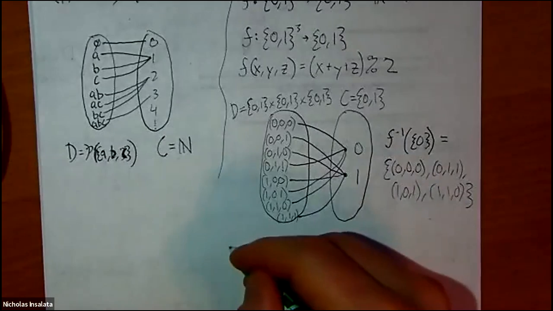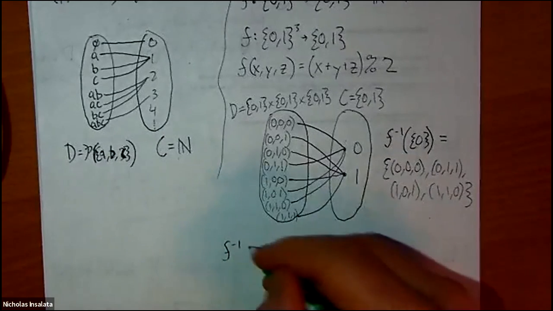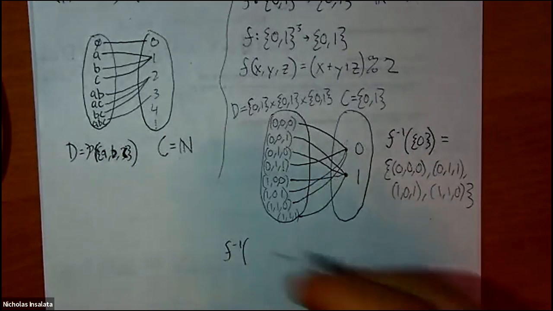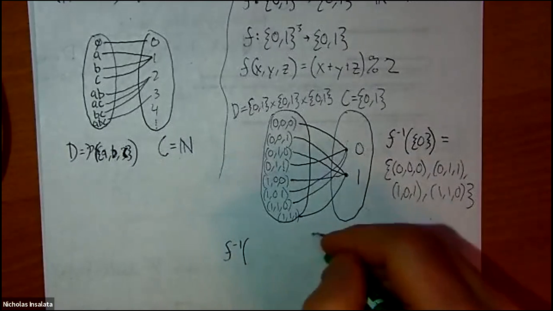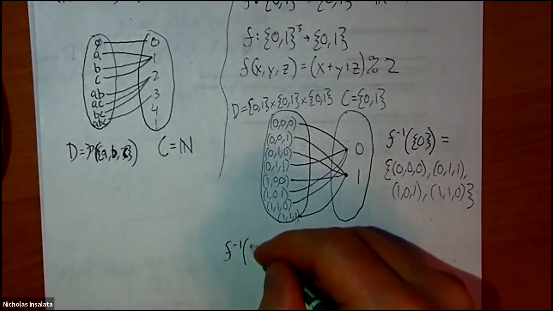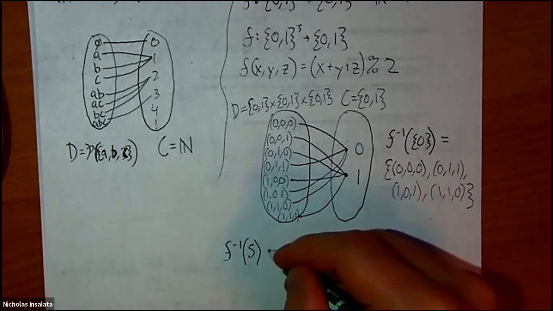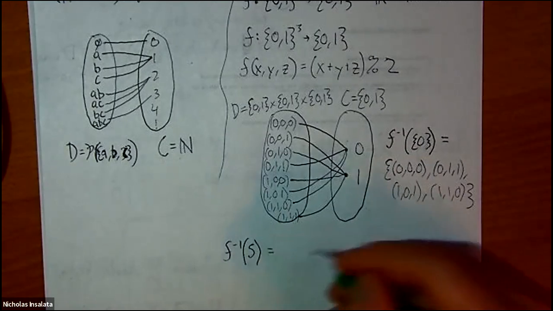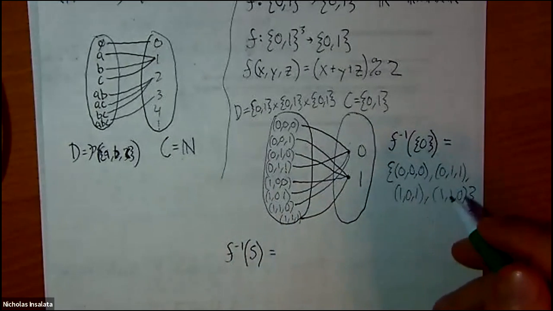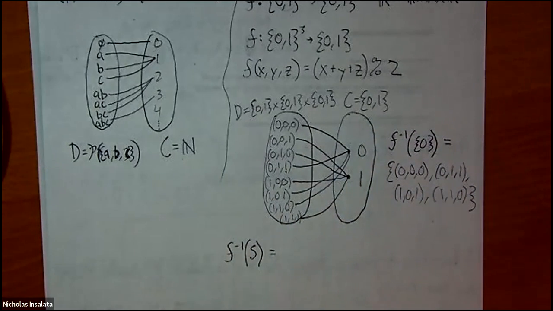What would be the formal definition of this? Well, the inverse image or pre-image of some set in the codomain. So maybe I'll say S. Is equal to what? Well, should I do X and Y? I don't know.